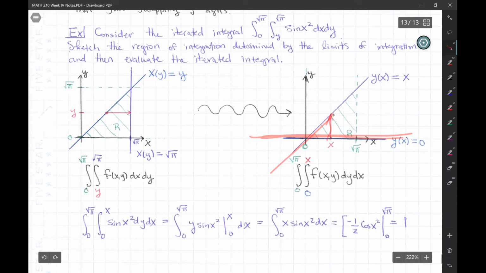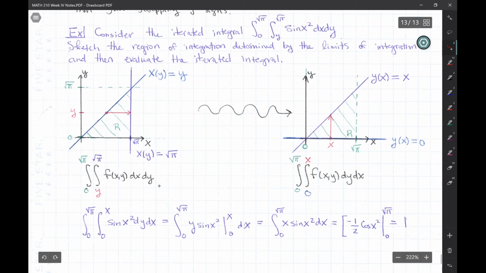Okay, that would give us the bounds that we need as we integrate over y, and then we go from x equals 0 to the square root of pi to get the whole region there between 0 and square root of pi.